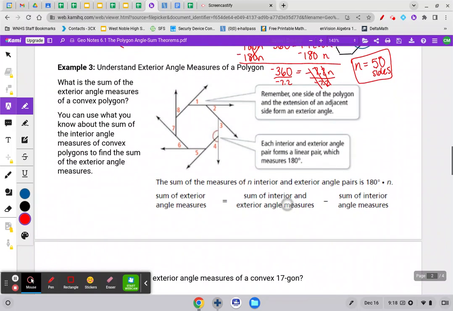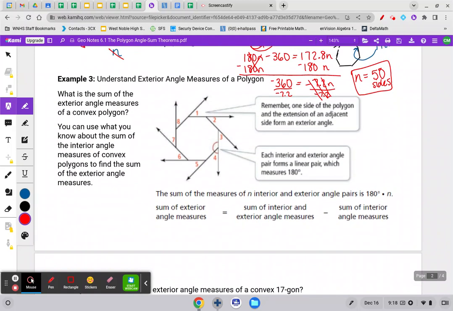So example 3 starts our exterior angle measures of a polygon. Now the exterior angles are not inside, they are outside of your shape. It says, what is the sum of the exterior angle measures of a convex polygon? It also says you can use what you know about the sum of the interior angle measures of convex polygons to find the sum of the exterior angle measures.